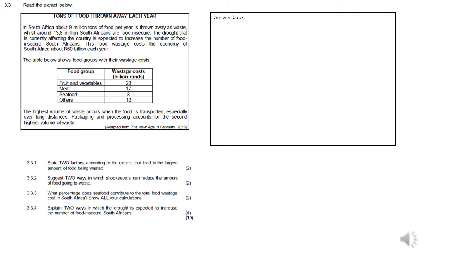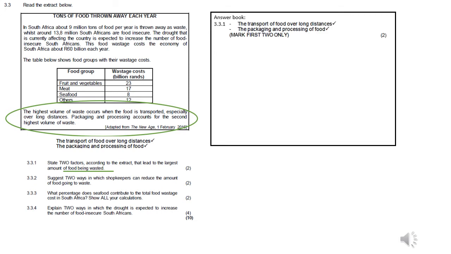3.3.1. The 2 factors that lead to the largest volumes of food waste are when food is transported, especially over long distances, and packaging and processing. 3.3.2.